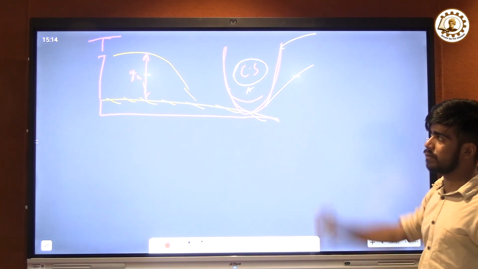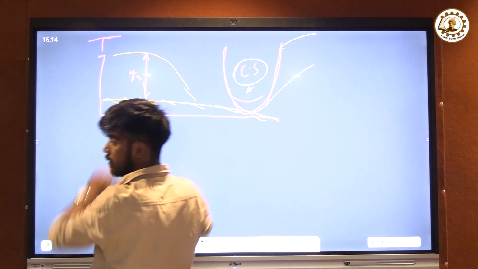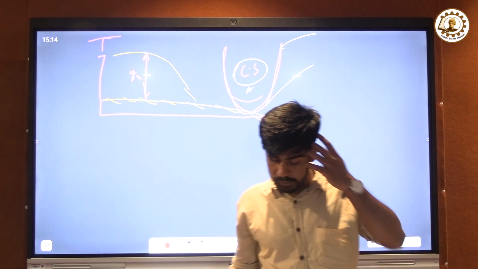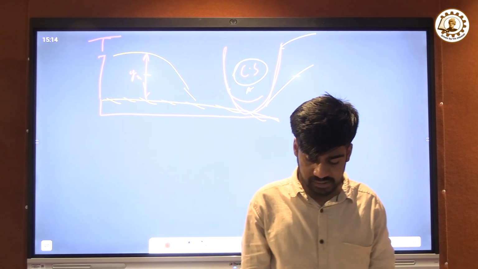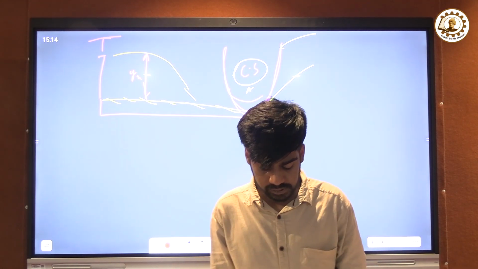Now this is the cross section of the channel. This is the sectional view, as you can see. Now if we want to have the velocity from this thing, what we need to do?